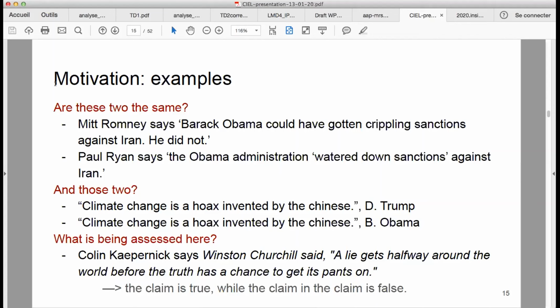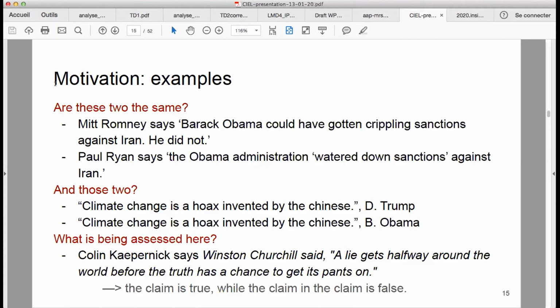Now look at these two coming afterwards: climate change is a hoax invented by the Chinese, says Donald Trump. Climate change is a hoax invented by the Chinese, says Barack Obama. We would imagine that those two really don't mean the same thing. Probably one of these is said with a note of irony, while the other one is meant explicitly.